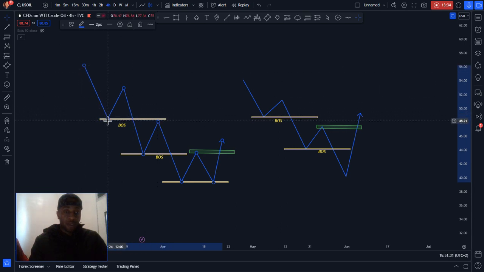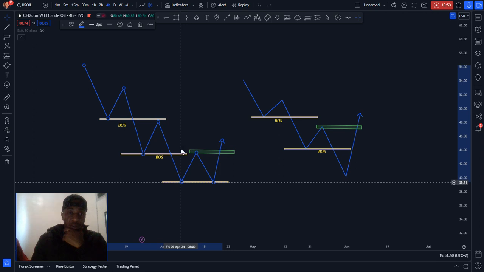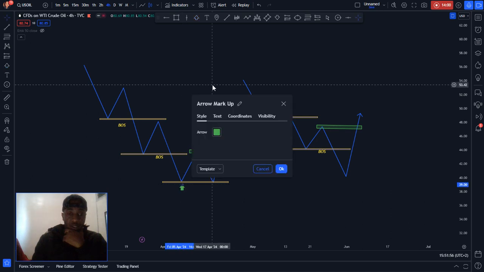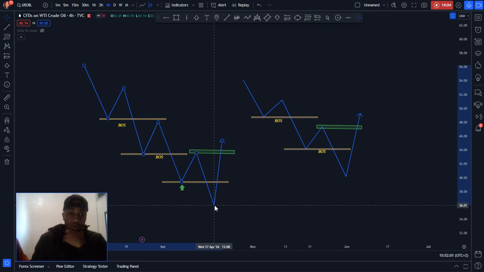We just spoke about the break of structure: when you see a break of structure right here, you know that the market is still going to the downside. But the moment you start seeing the market failing to break below this point, this was the last low of the market. We were expecting the market to break below this point.